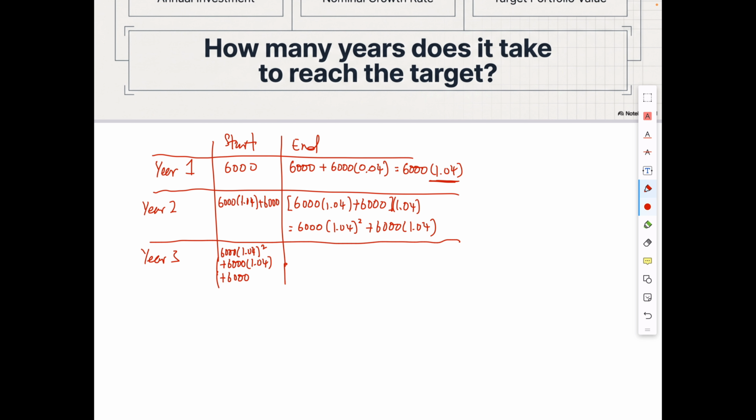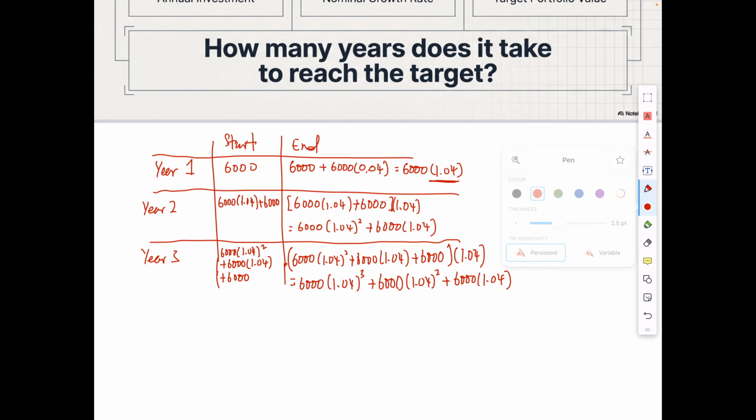And then at the end of that year, I'm going to get 6,000 × 1.04² plus 6,000 × 1.04, plus 6,000, with the interest. And that gives us 6,000 × 1.04³ plus 6,000 × 1.04² plus 6,000 × 1.04.